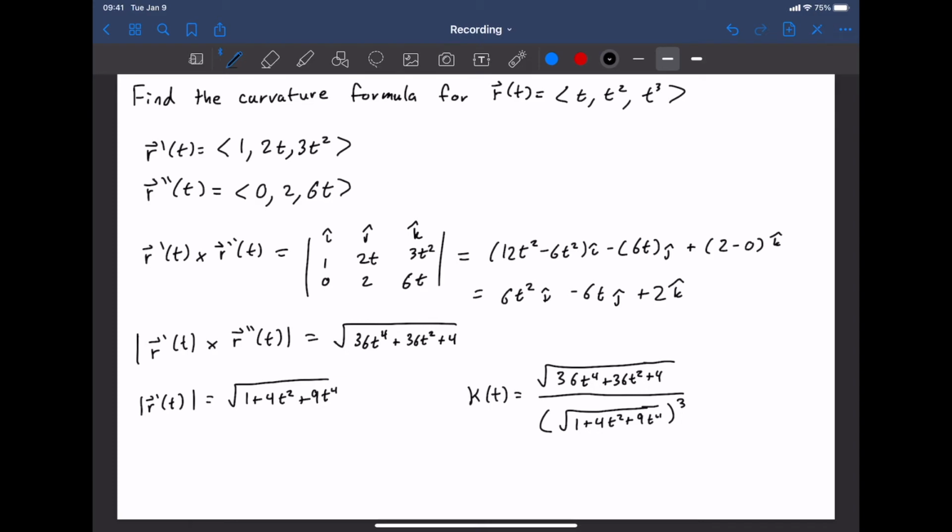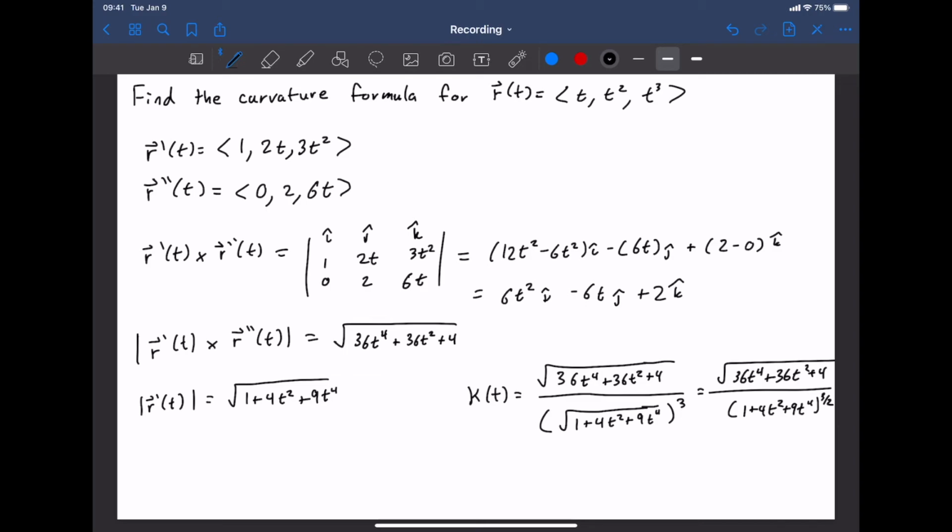A lot of times you'll see that bottom number recorded as a fraction power. I'm saying a lot of times you'll see it like this: 1 plus 4t squared plus 9t to the 4th to the 3/2. Nothing's making that nicer, right?